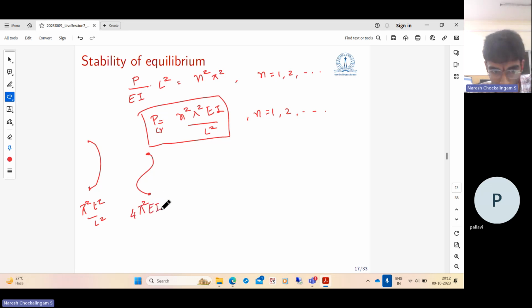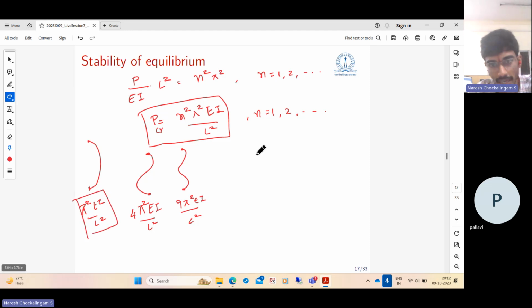And if n is 3, you have something like this, 9 pi square EI by L square. But we don't know in real life which kind of disturbance will occur to the column. So it is better to take the least. So P critical for this column is pi square EI by L square.